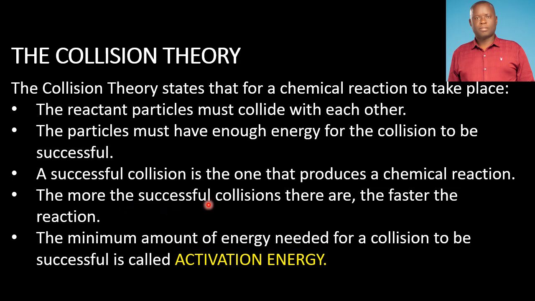And the more successful collisions there are, the faster the chemical reaction. This is a very important description, because in future you'll be asked to describe the collision theory, so you have to say all these points.